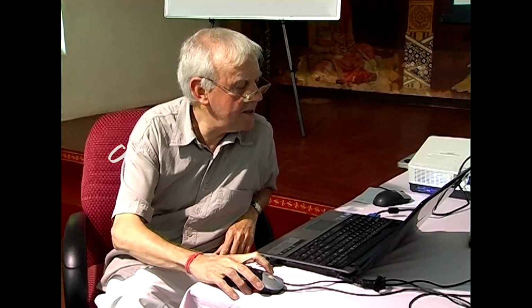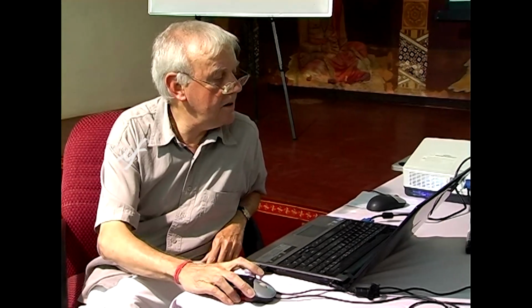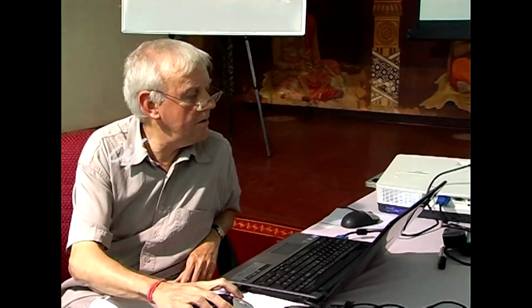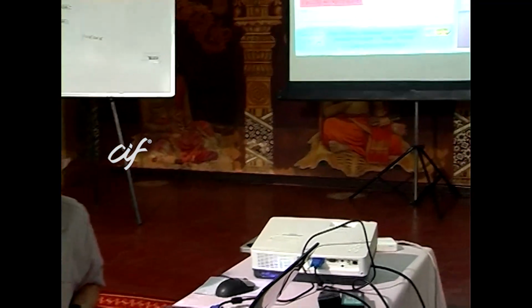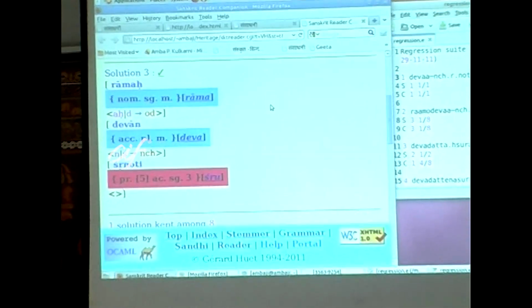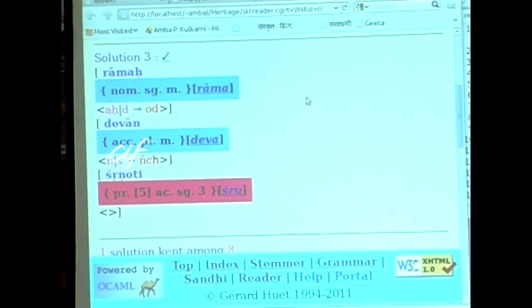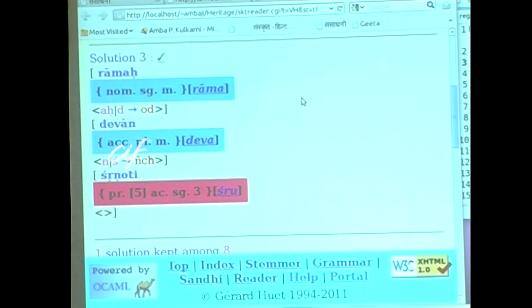So Shru is to hear. If we click here, we get the entry for the root Shru, and here we see that it means to hear. And you hear something. Okay, it's a transitive verb. Okay, so it means this verb will demand 2 actors.